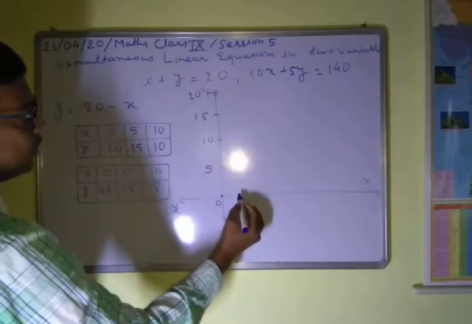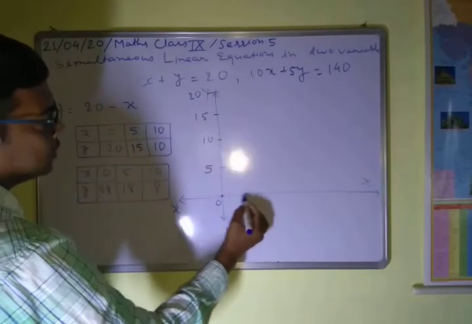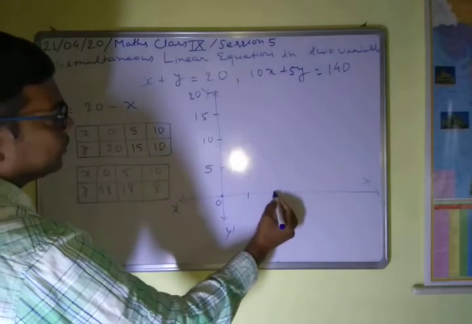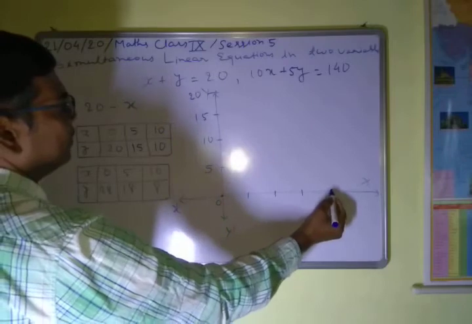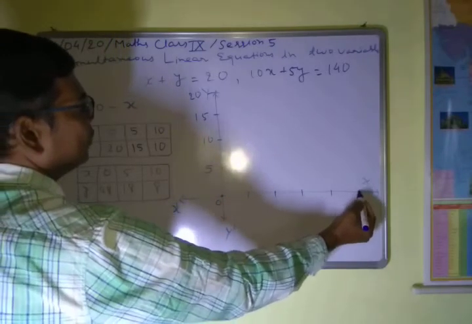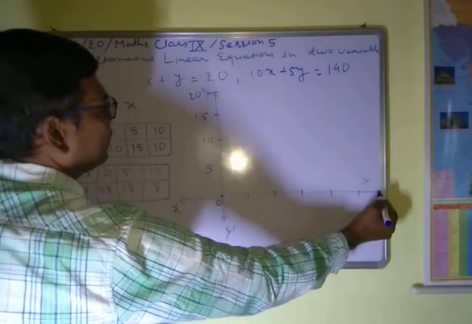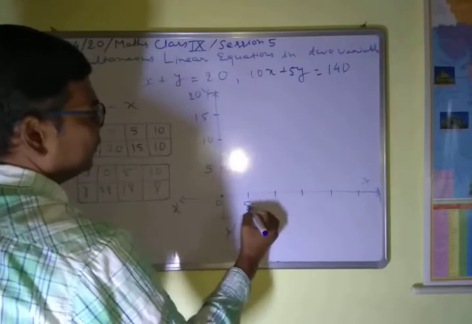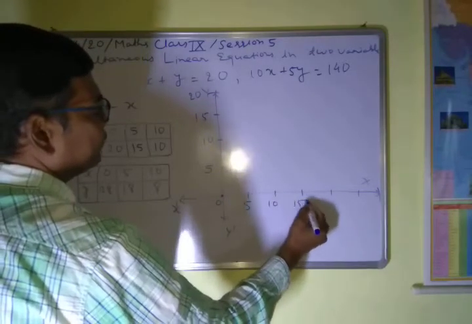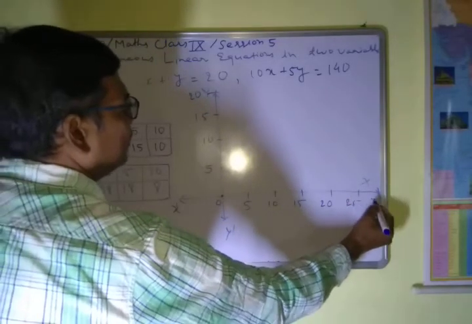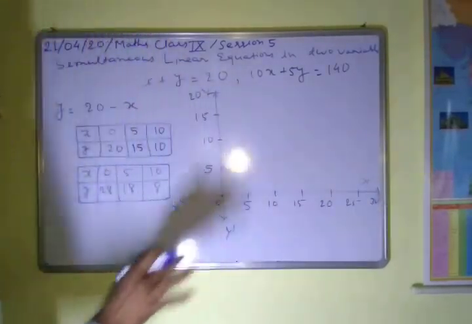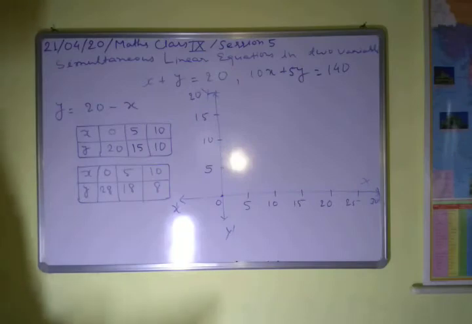And for the other, 5, 10, 15, 20, 25, and 30. I am taking a rough scale here. It is not possible to draw it exactly in this graph, but it is okay.